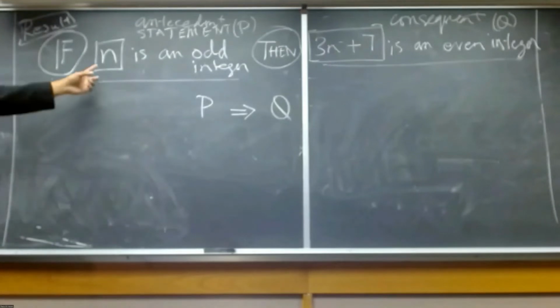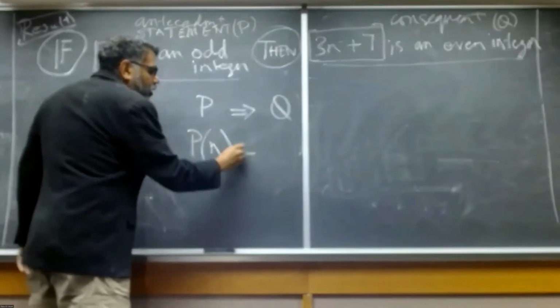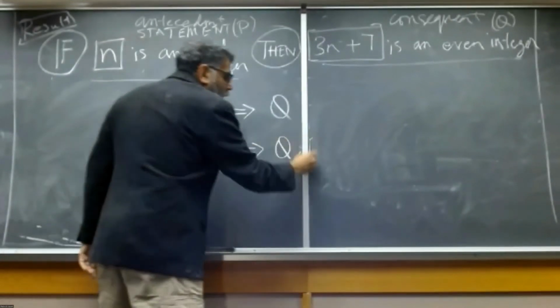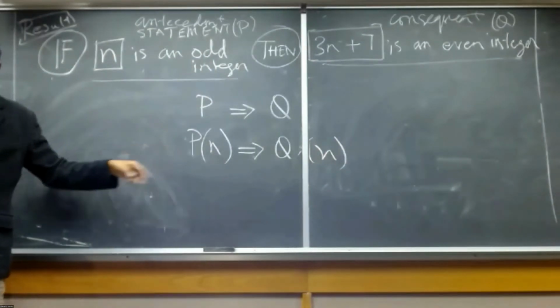And since we are dealing with variables, we can do this: there's a P condition and a Q condition. This is what we're going to do using direct proof.